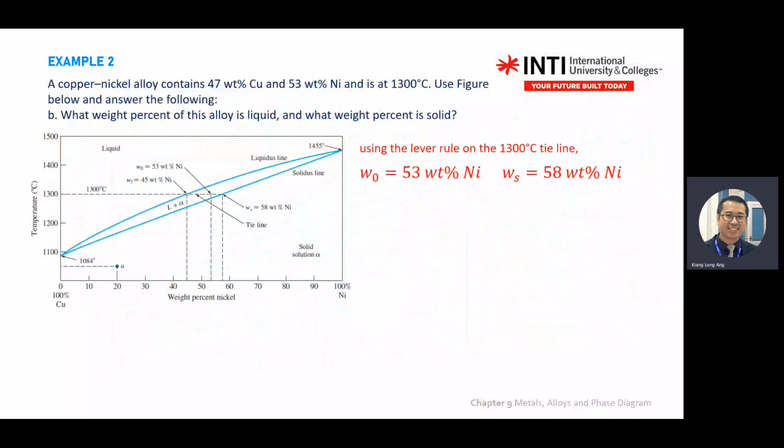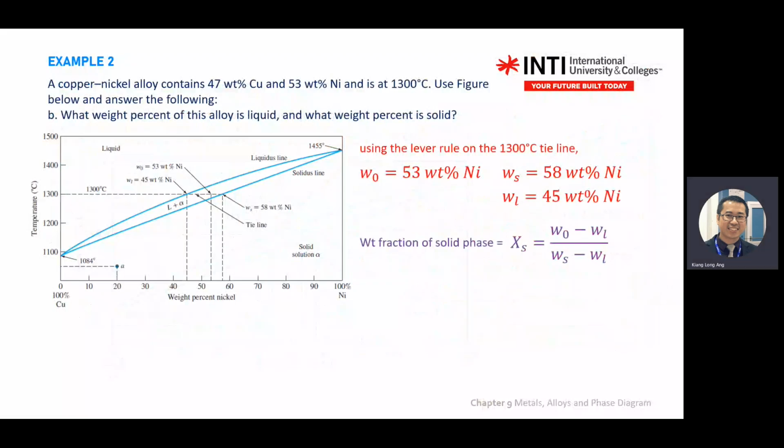Actually, it's the same. Only you need to move down. 53% nickel. Okay, WO is this one.